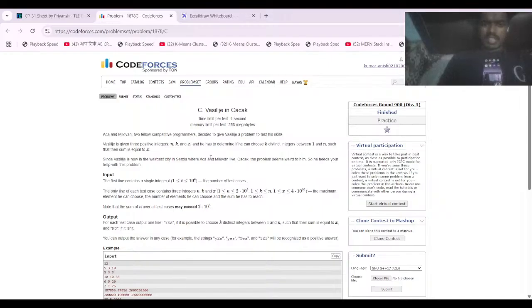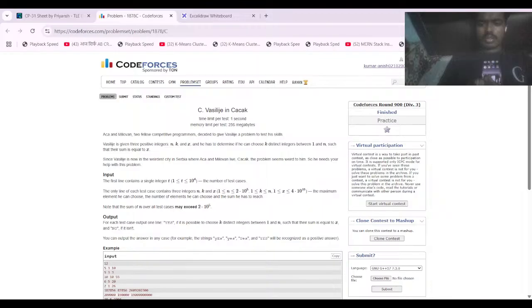Bashilja in Kekak. Right. Okay. Kekak. So Eka and Glenn, two fellow computer programmers, decided to give Vasil a problem to test his skill.